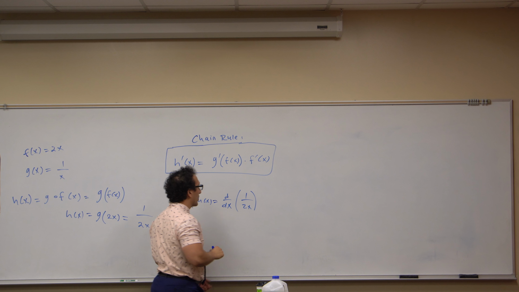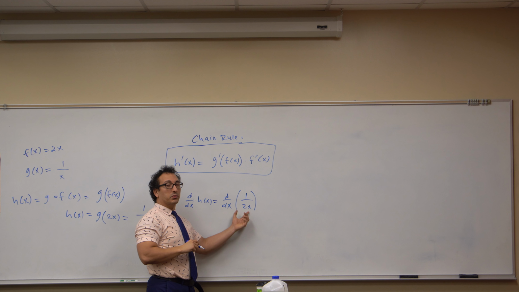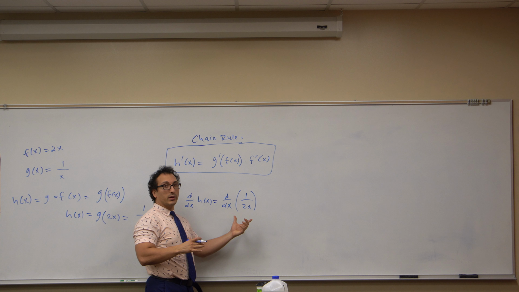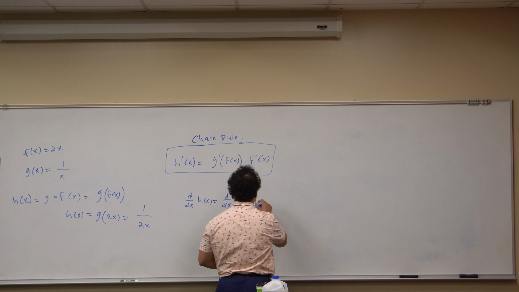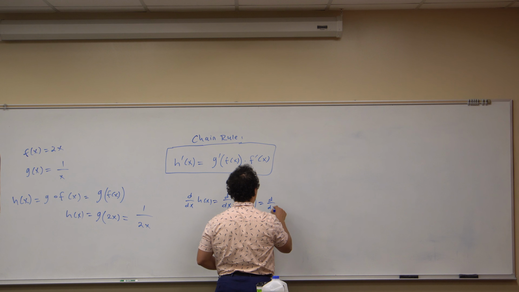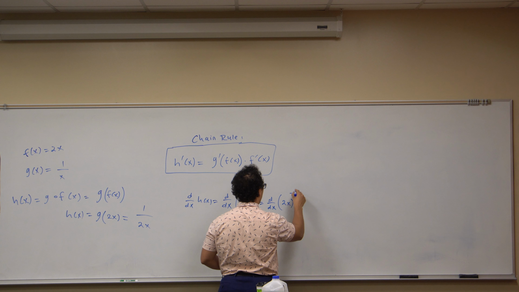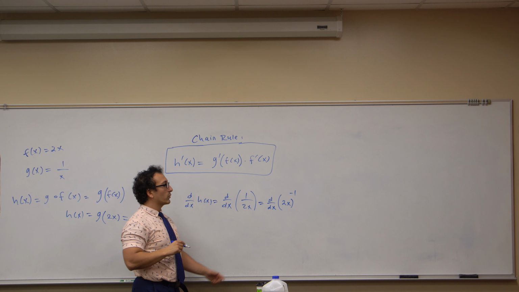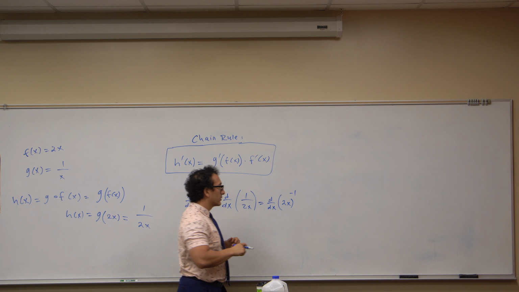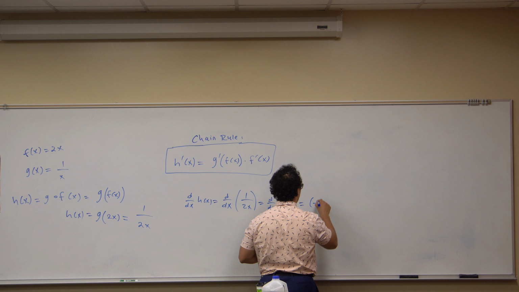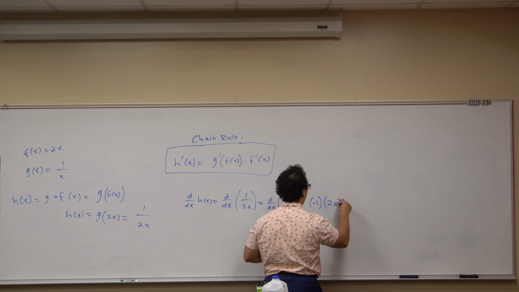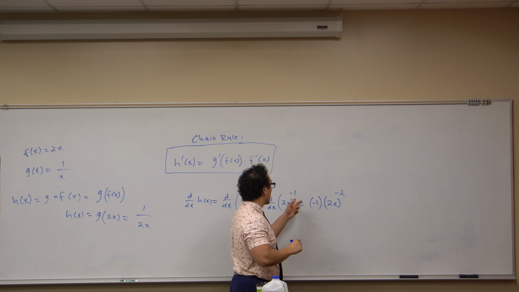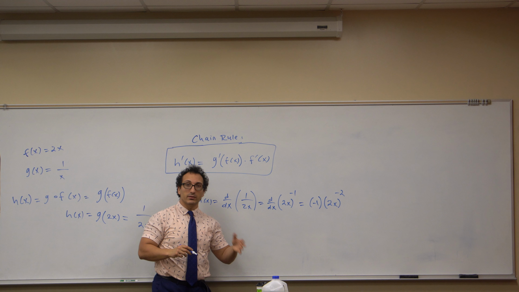Now, prior to taking a derivative of this, we would have to do the quotient rule, and we don't want to do that. What we want to do is represent this as a negative power. There you go. Then whenever you take the derivative of it, you use the power rule. That negative 2 is because negative 1 minus 1 is negative 2.